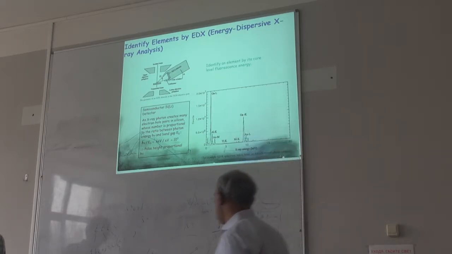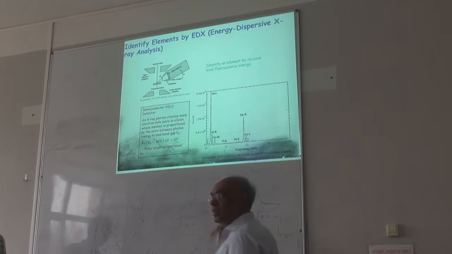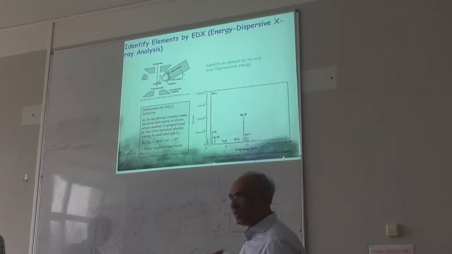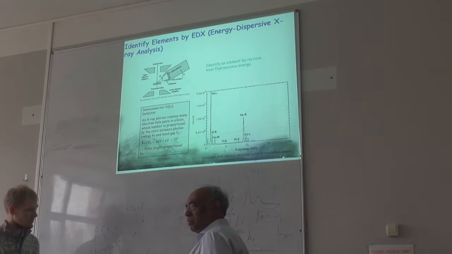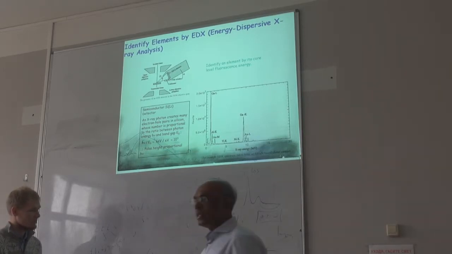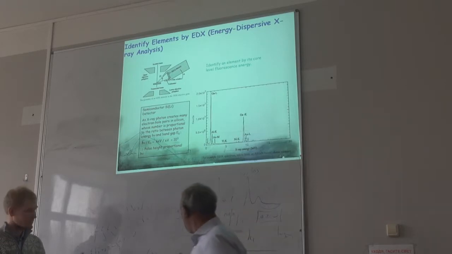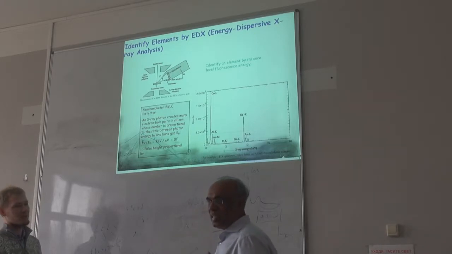So what happens is, we are still using the electron beam, right? We are still talking about the electron microscope. You are hitting your sample with electrons. When you hit with electrons, some of the sample's electrons can be removed, right? Suppose you remove this electron, what happens? Some electron will come from here to here, right? When this happens, you have some energy release.